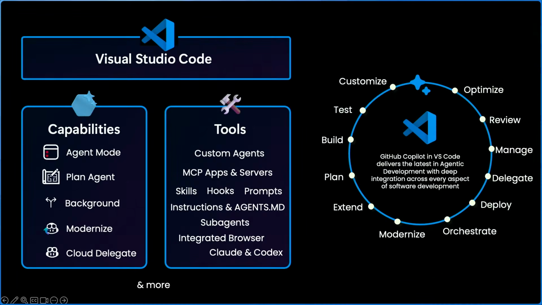You have all the capabilities of Copilot agent mode, planning, run it in the background, and so on. You have all the tooling, custom agents, MCP, skills, and so on. All together, you can see your code right in front of you. So it's a little bit easier to work with if you're used to coming from VS Code and working with all the files in the editor.